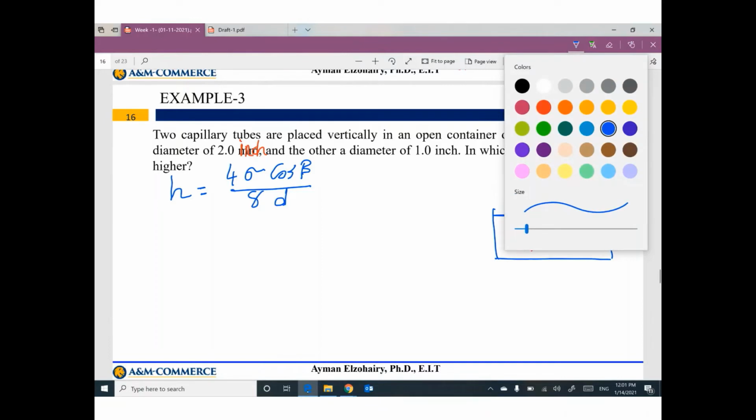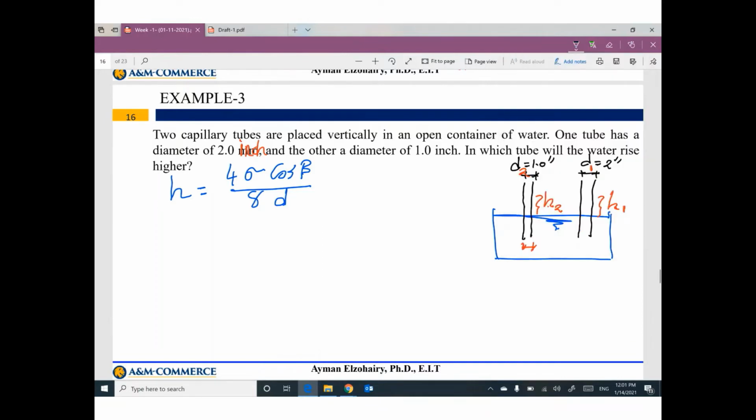Let's do it for the first diameter. So H1 equals 4 sigma, I don't know the value of sigma, cosine beta, I don't know the value of beta, divided by gamma, I don't know the value of gamma, but I know the diameter for the first tube is 2 inch.